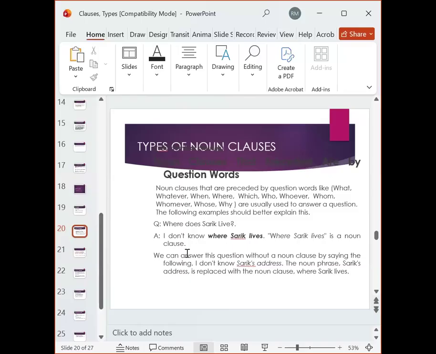So you see words like what, whatever, when, where, which, who, whoever, whom, and the clauses will be nominal clauses. Now, sometimes you know what kind of clause it is by using it in a sentence. So when you say, where Sarik lives, just that, and you ask somebody, what clause is this? It will be hard for the person to identify that clause as either relative clause or a nominal clause, because its type depends on the context it has been used in.